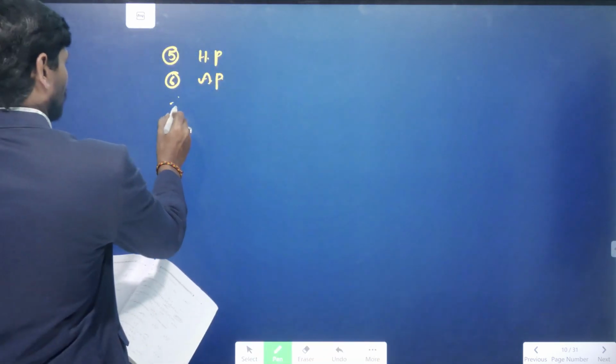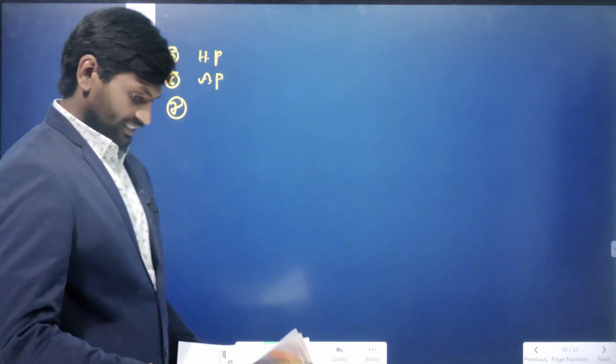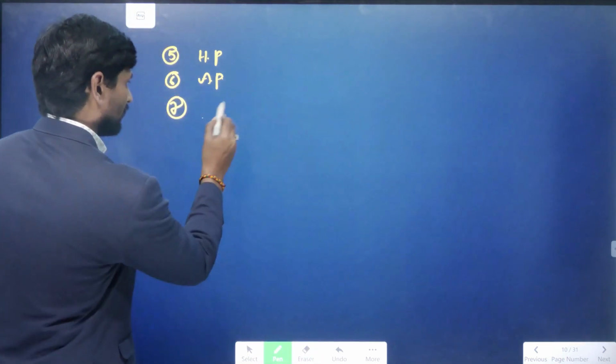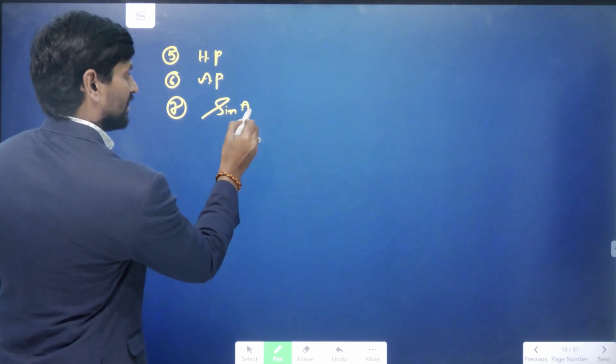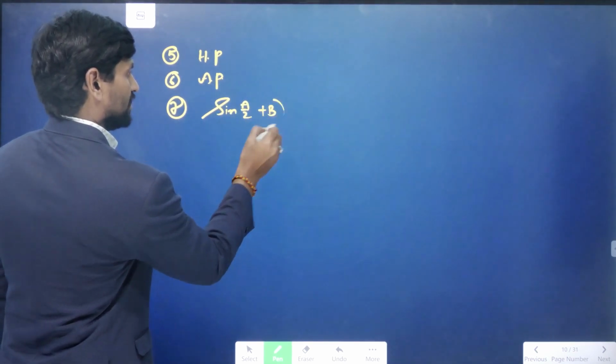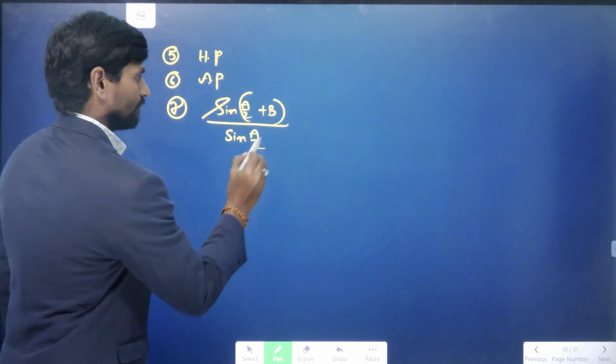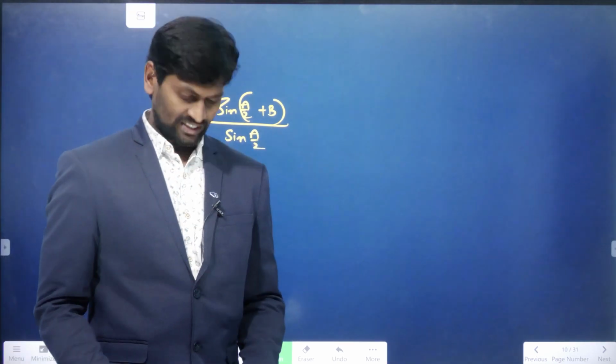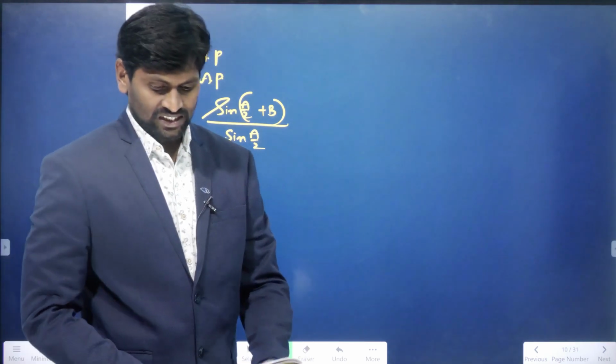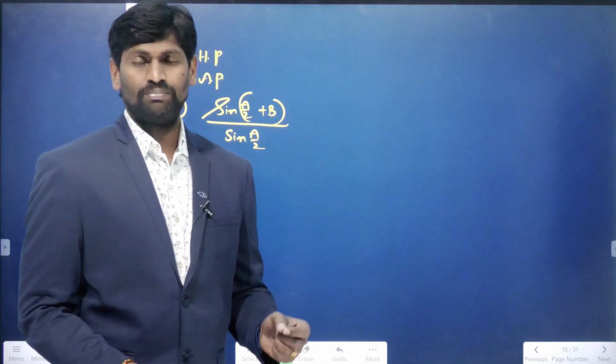The seventh problem is given: sin a by 2 plus b, sin a by 2 plus b by sin a by 2. For simplifying this, let us see that the answer is in the form of a, b, c terms.